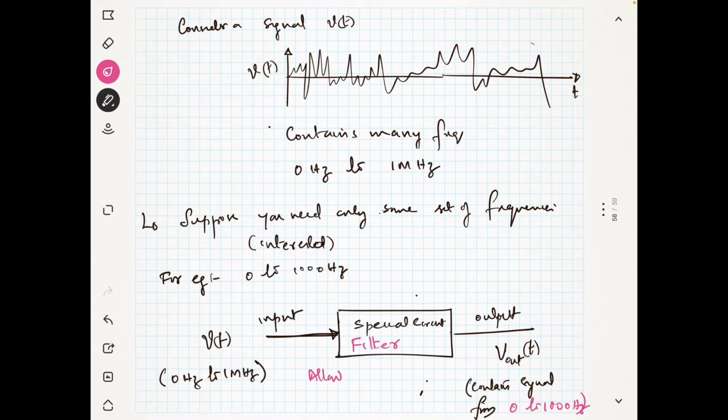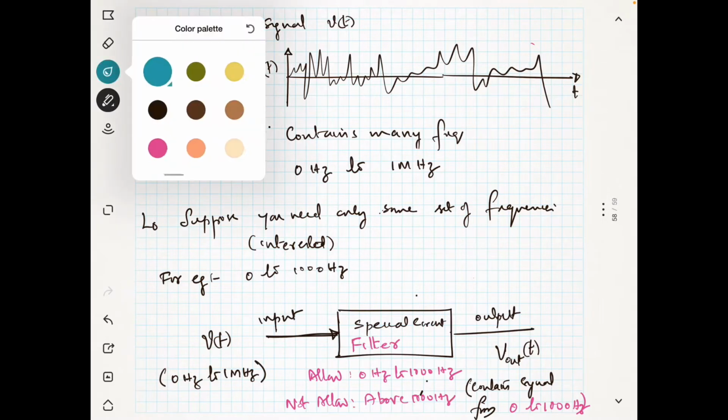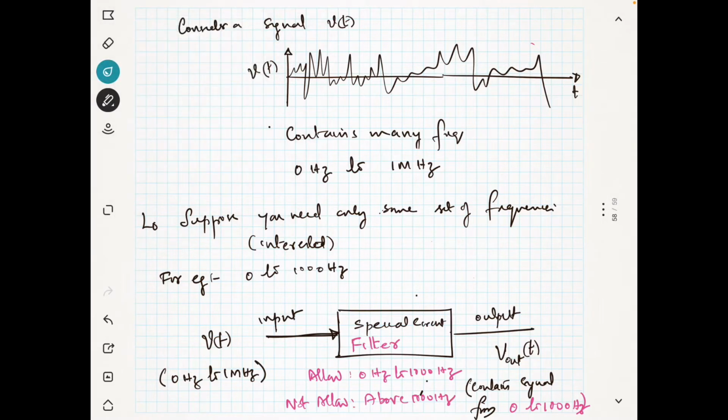This filter will allow the frequencies from 0 hertz to 1000 hertz, and it will not allow the frequencies above 1000 hertz. Whatever the frequencies between 0 hertz and 1000 hertz, it will allow.